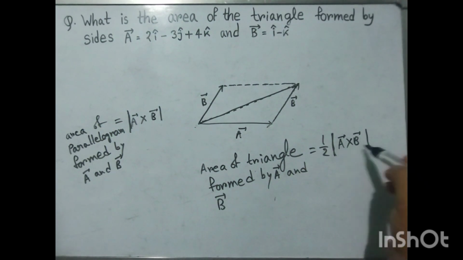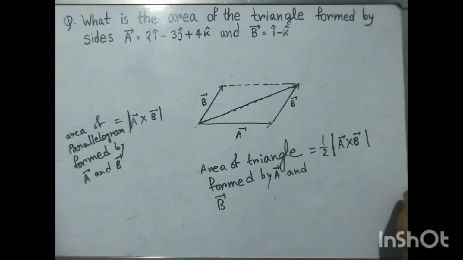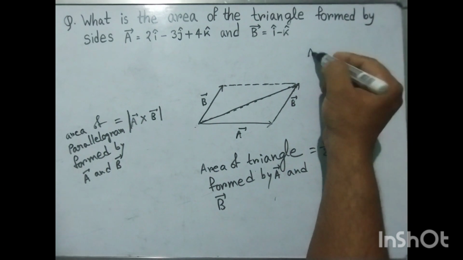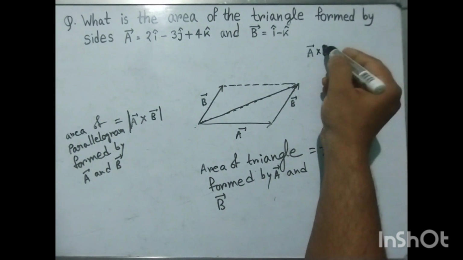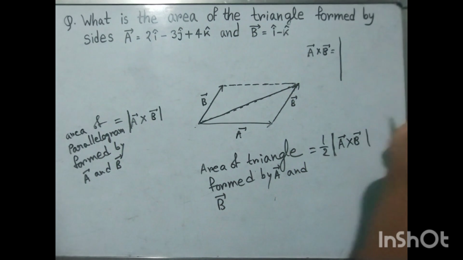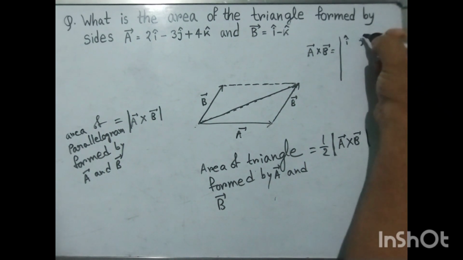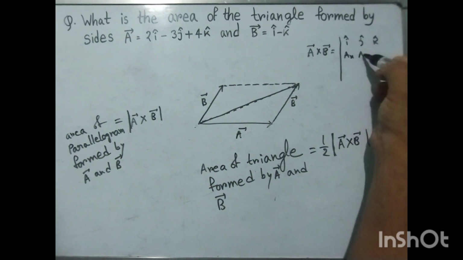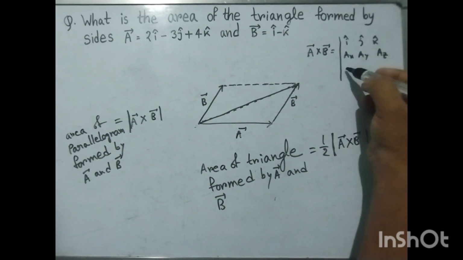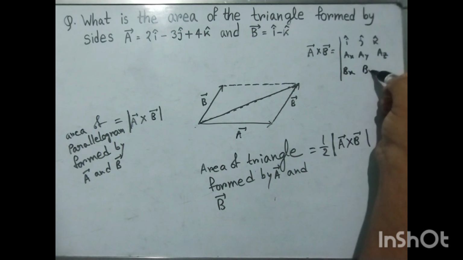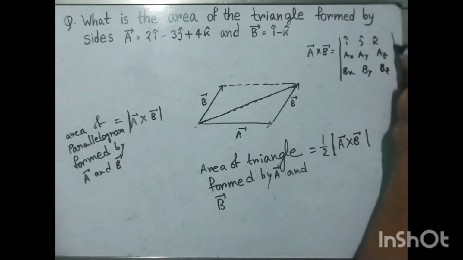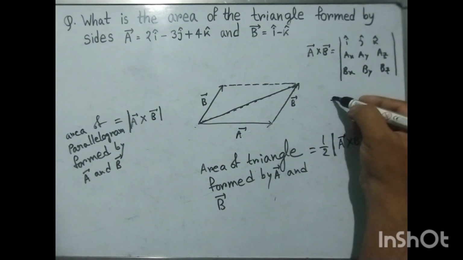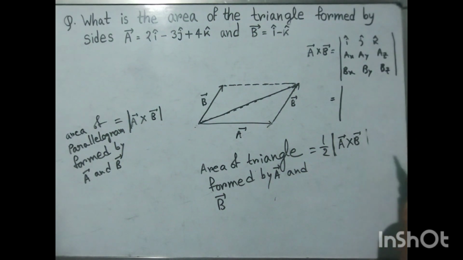So now we have to find a vector cross b vector. We know a vector and b vector, so a vector cross b vector is i cap, j cap, k cap, ax, ay, az, bx, by, bz. This is called a determinant. You will learn it in mathematics, but let me do it here for you.